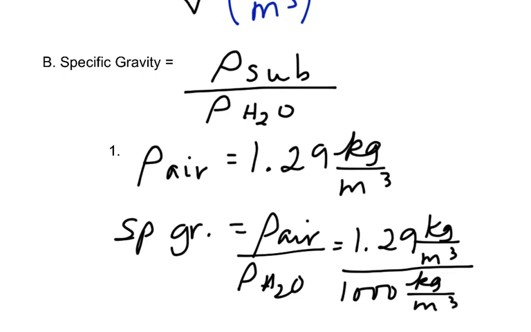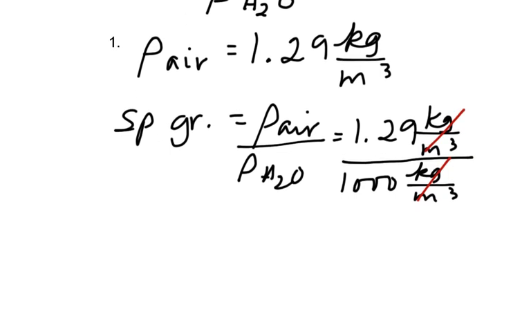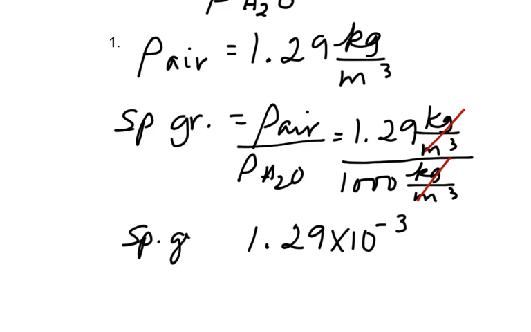And notice that the kilograms per cubic meter do cancel, and I'm left with a specific gravity of air of 1.29 times 10 to the minus 3. And that's the specific gravity of air.